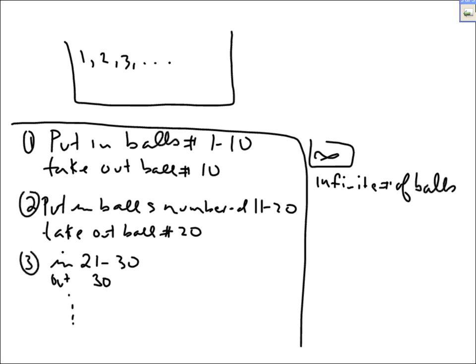You put in an infinite number of balls, less balls numbered of the form 10m: 10 times 1, 10, 10 times 2, 20, 10 times 3, 30. Those balls are missing. Well, that's an infinite number. It's an infinite number of balls.